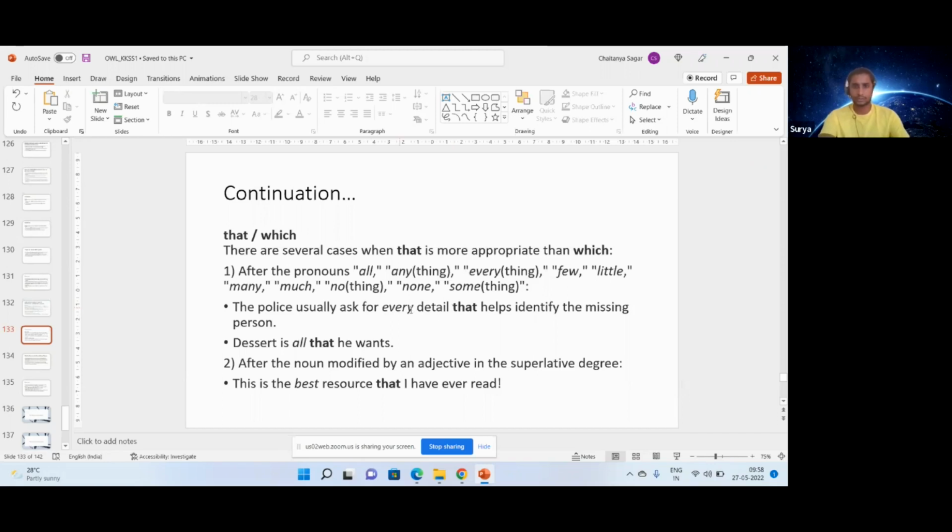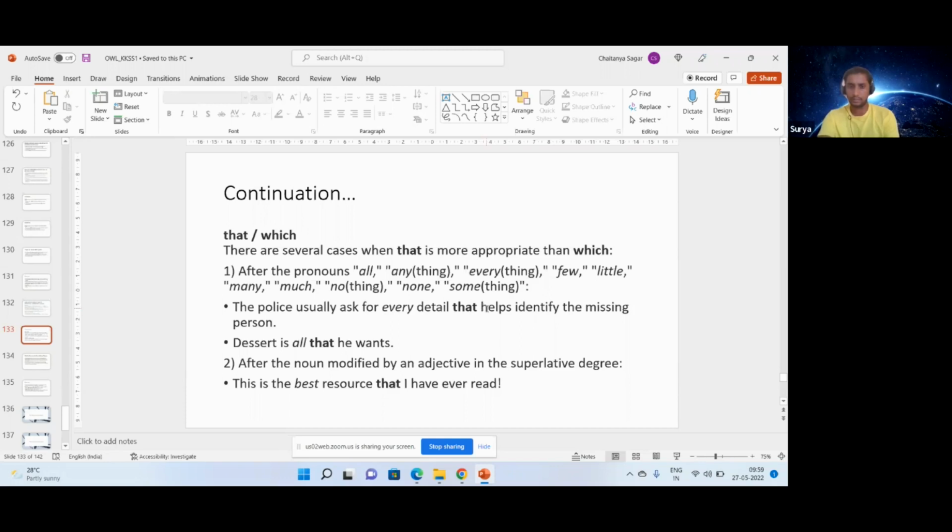Here, the police usually ask for every detail, and it could end there, but 'that helps identify the missing person' is still talking about the main clause of the sentence, and it doesn't seem like extra added information. It is about the intention of the police's detail collection, which is for identifying. Even though it seems separated from the main clause, it is still essential, because it is talking about the main clause and giving more information.